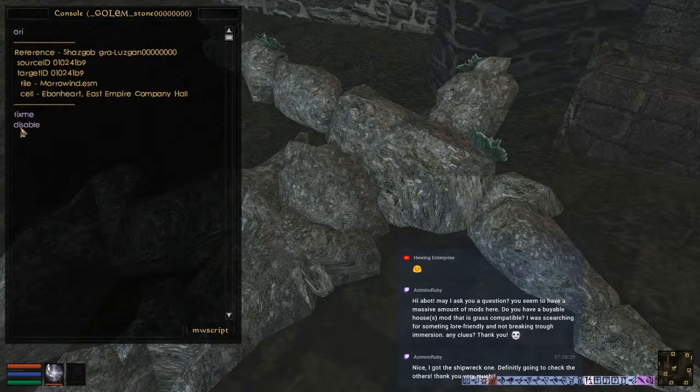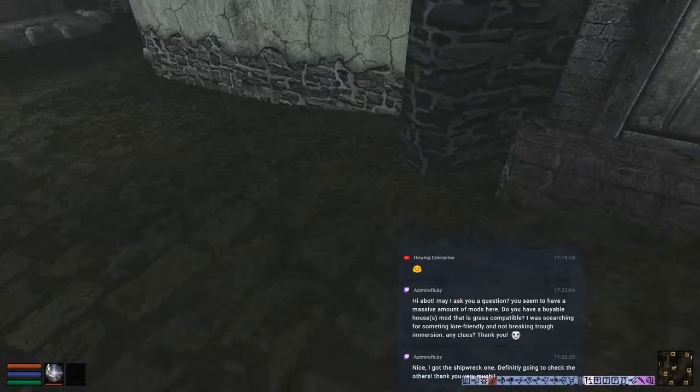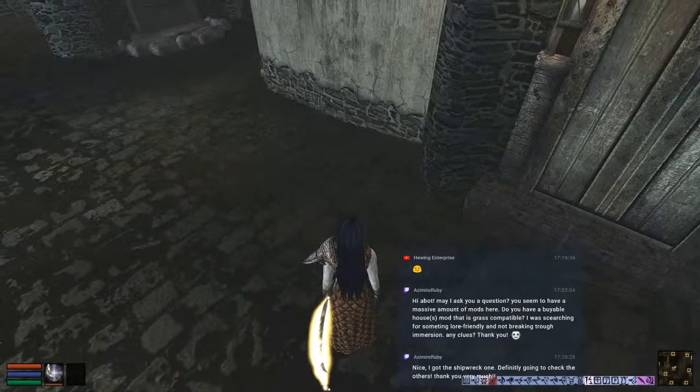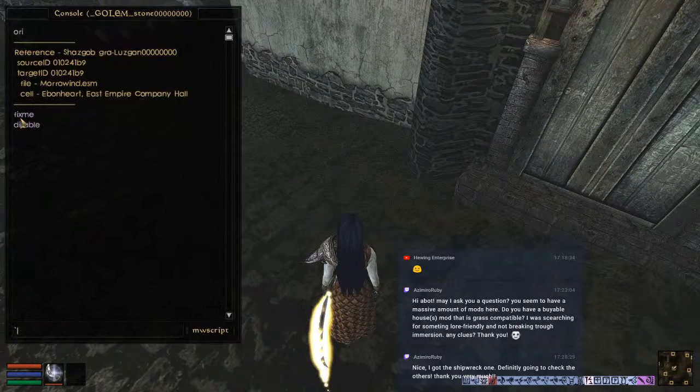But don't use set delete either, because this is the same thing as the disposal of corpse, so we don't want to do it. So if I do disable, the thing disappears, and I can also make it appear again if needed by doing enable.